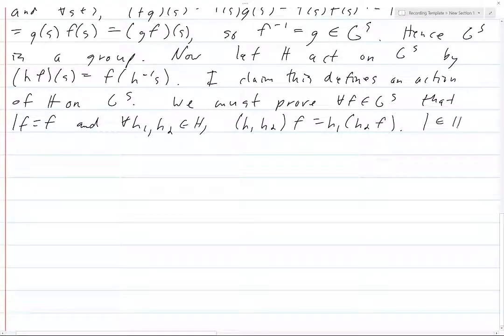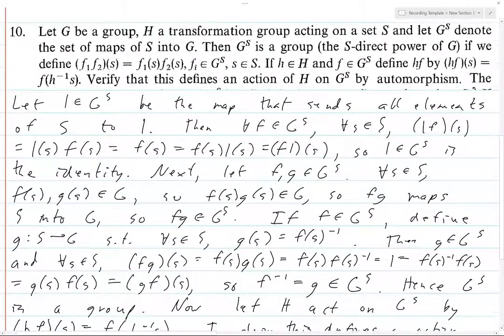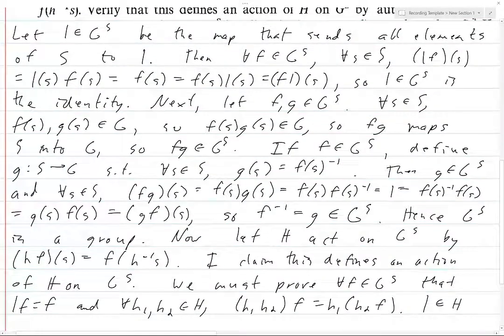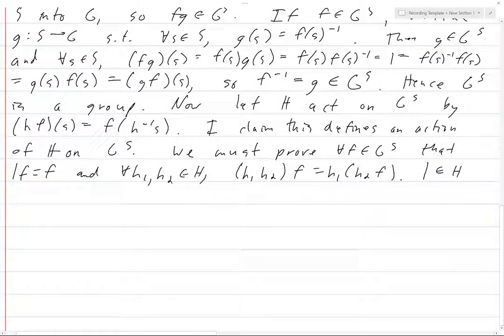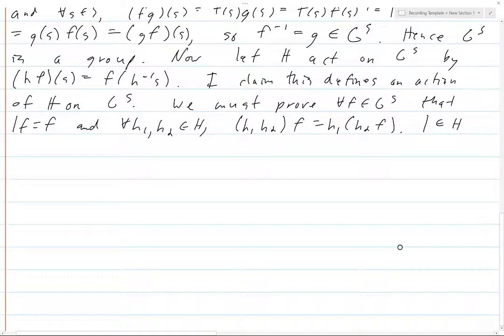So 1 is clearly in H because, what is H? H is a transformation group. So H is a group, and groups contain 1.